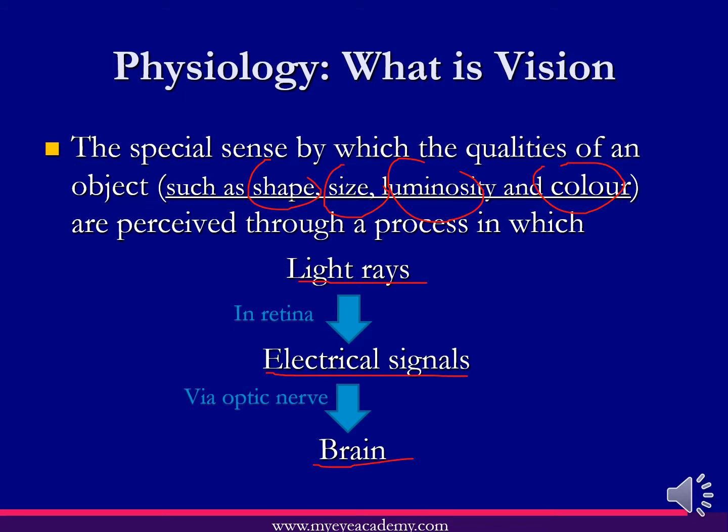So for vision, we should have a functioning retina and a functioning optic nerve. If these two are not functioning properly, the vision process will not be completed.